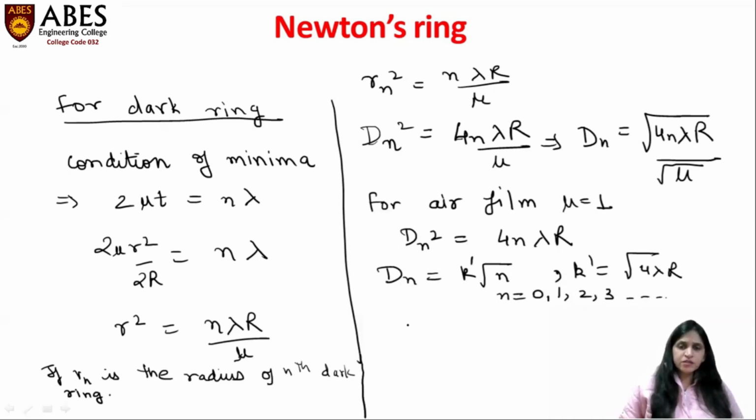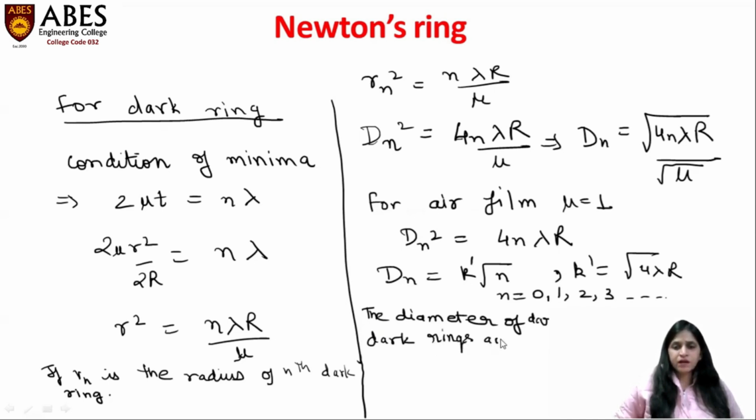So from here, what we can conclude is that the diameter of dark rings is proportional to the square root of natural numbers.